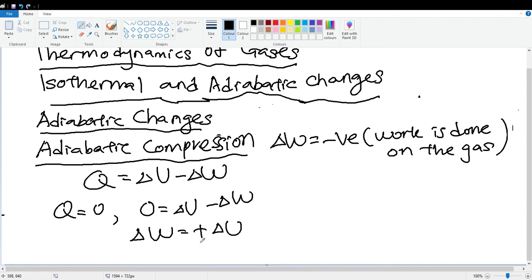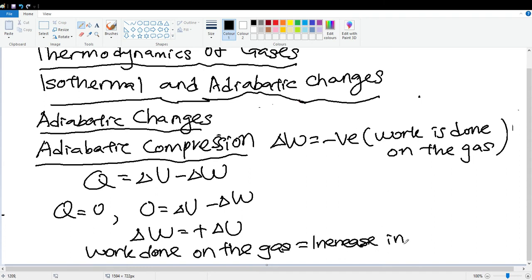I can conclude that the work done on the gas is equal to the increase in internal energy of the ideal gas. So work done on the gas is equal to the increase in internal energy of the gas, and hence the temperature of the system will also increase.